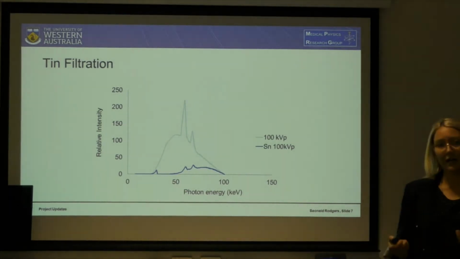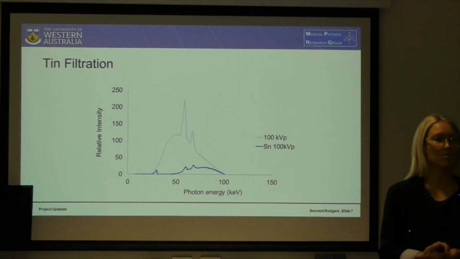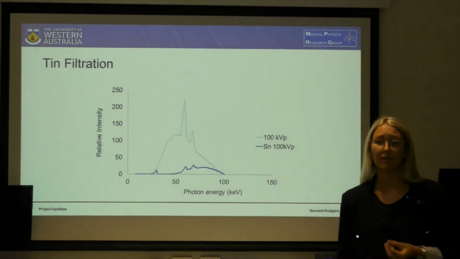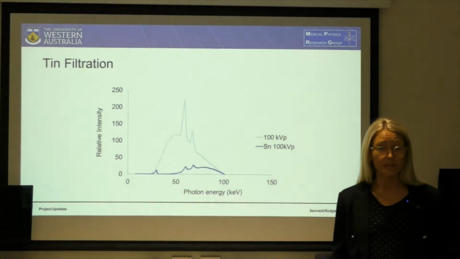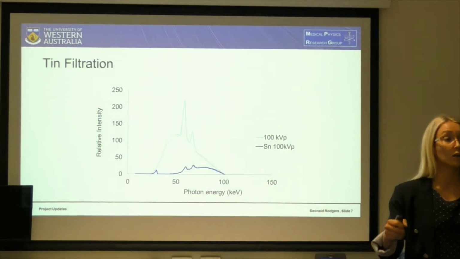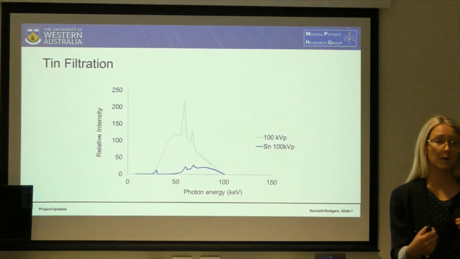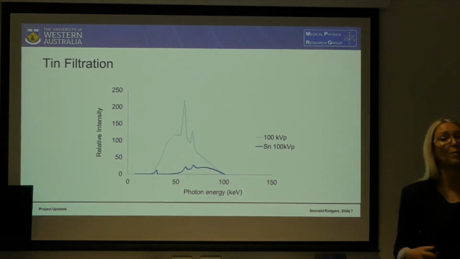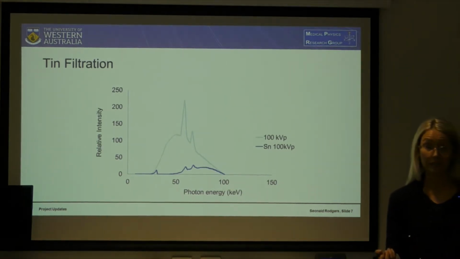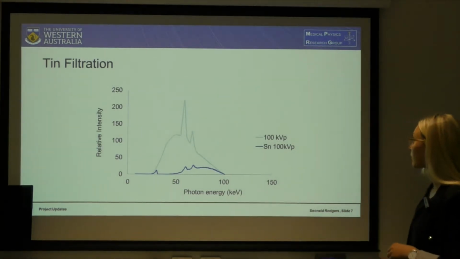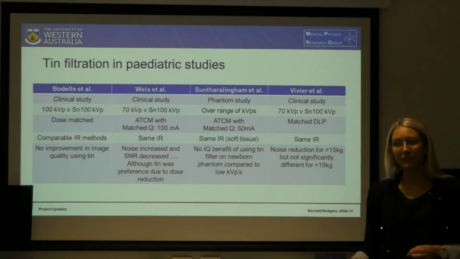With this hardening of the X-ray beam, it is not immediately apparent whether there would be benefits in using it in the field of paediatrics, where traditionally we would lower the kVp, so 70 kVp is more appropriate for paediatric CT scanning.